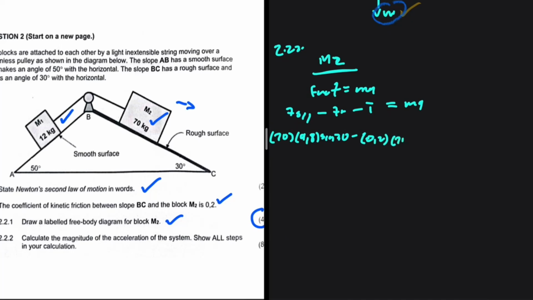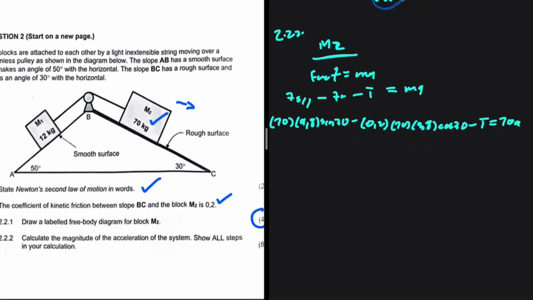So that will be 70 multiplied by 9.8 multiplied by cos of 30 minus the tension being equals to 70 multiplied by a. We're going to have 224.1813 minus the tension force being equals to 70a.